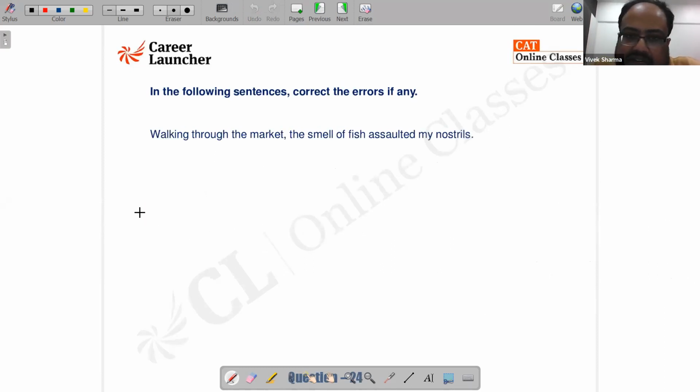Again, dangling modifier in this sentence. Ritik, correct.